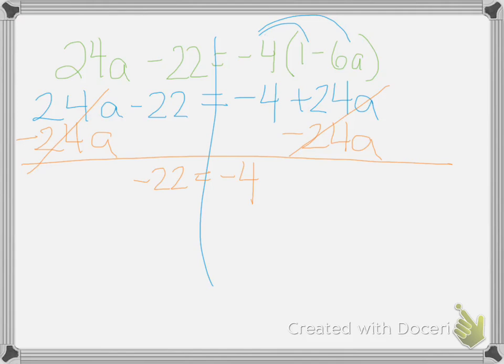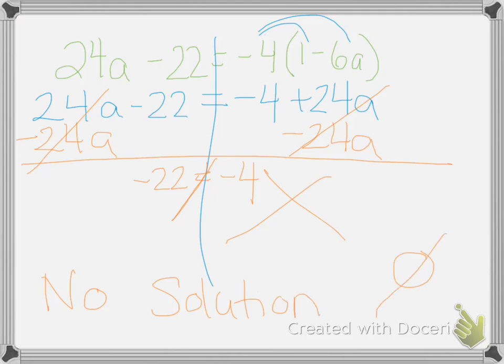So I'm left with negative 22 is equal to negative 4. That does not make sense, so our answer is no solution. And you can write out no solution, or you can do a circle with a slash through it. That also means no solution.